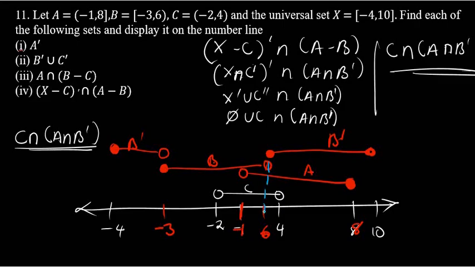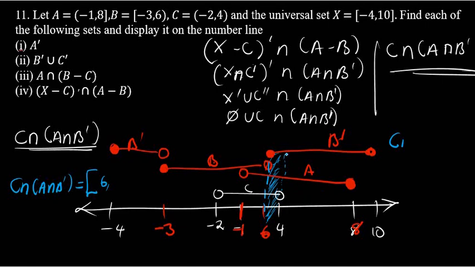This is the starting point of B complement. How about C? This is the starting point. So the only part where these are meeting, this is the only part, because they are intersection. So C intersection A intersection B complement: the only part that is intersecting is, if you check, 6 is included in B complement, so it will be 6.